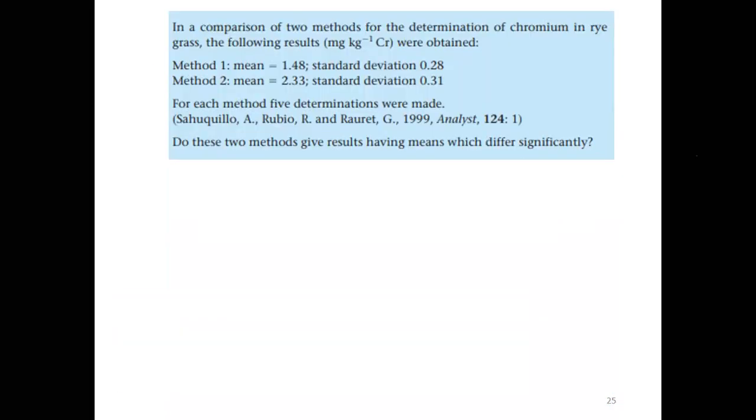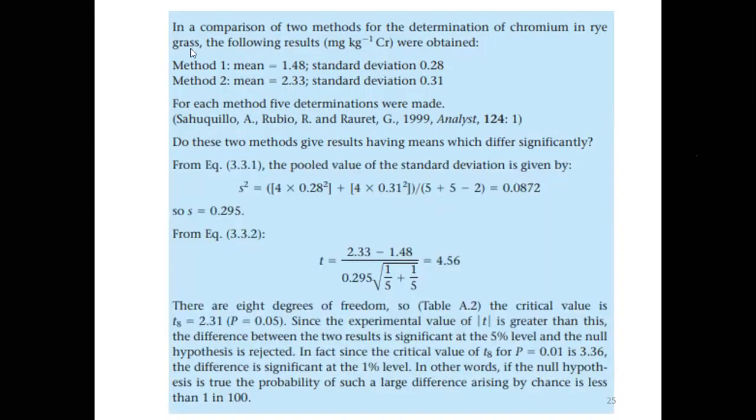Here we can substitute values into that equation, and the pooled S squared is 0.0872. We take the square root of this, and the standard deviation equals 0.295.